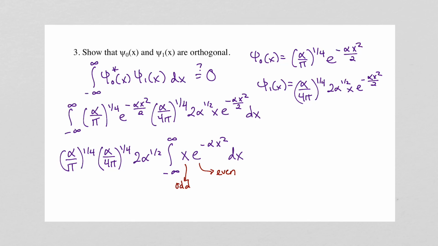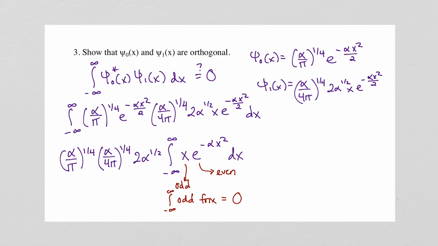So what we're doing here is essentially taking the integral over an even space of an odd function. Because remember, odd times even is odd, so overall we're getting an integral of an odd function, and we know that that is equal to 0.